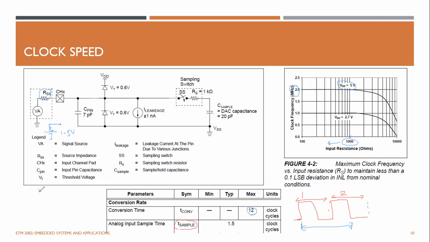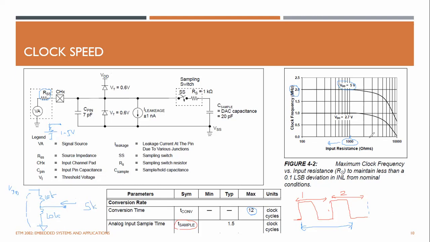But if you use something like a resistor divider, let's say you use two 10K resistors and make a resistor divider and get this voltage from here, and here you connect to VDD. So the impedance seen from here is the parallel impedance, 10K parallel to 10K is 5K, right?